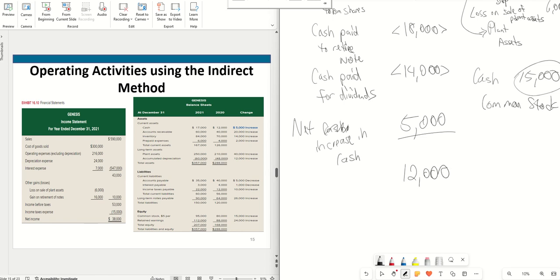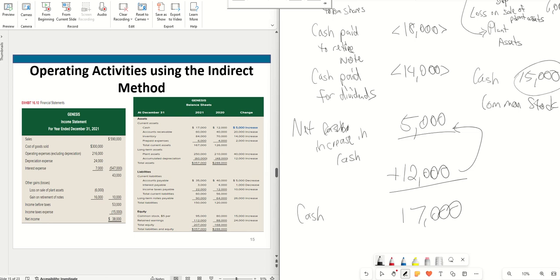That's reflected as the cash balance at the end of the period of 2020 and carried over into the beginning of the period of 2021. And so when we add 12,000 to this $5,000, that gives us a total of $17,000.